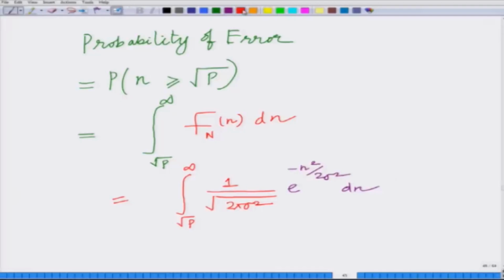And now, I am going to use the substitution n by sigma equals t, which means dn equals sigma dt.